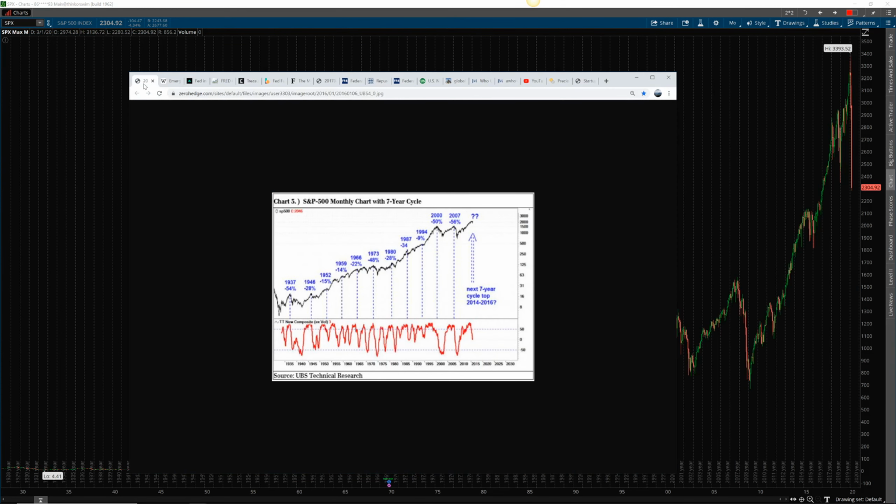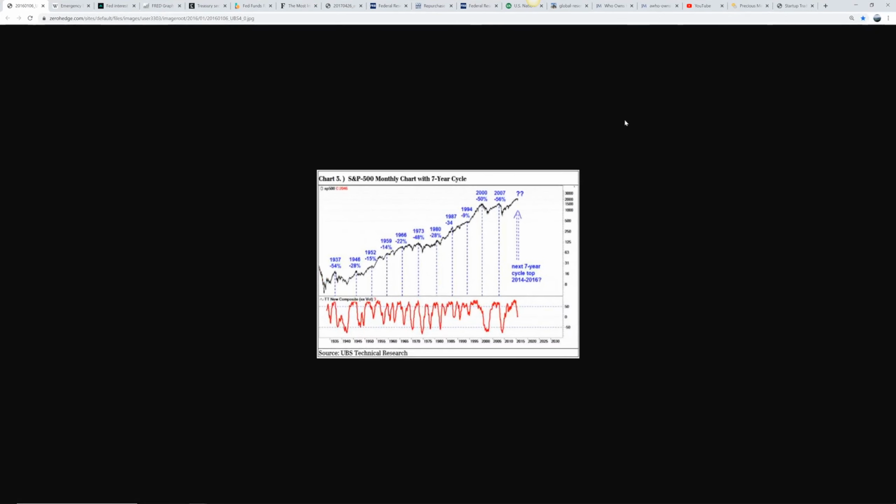I do want to start off with the first thing I'm going to show you guys here. This is a chart of the business cycles throughout the history of the United States. Basically, each one of these lines represents the end of a business cycle.